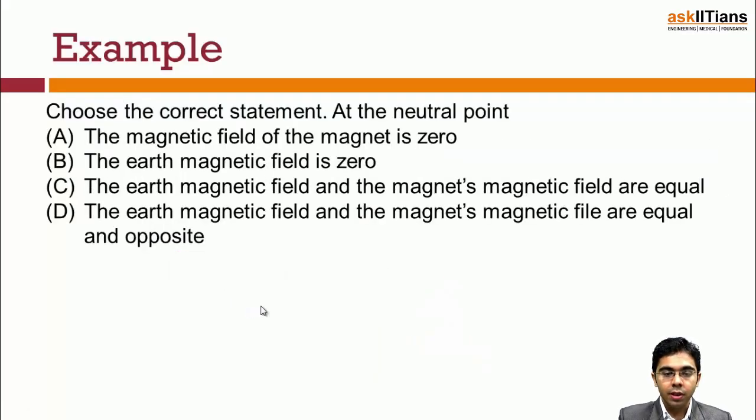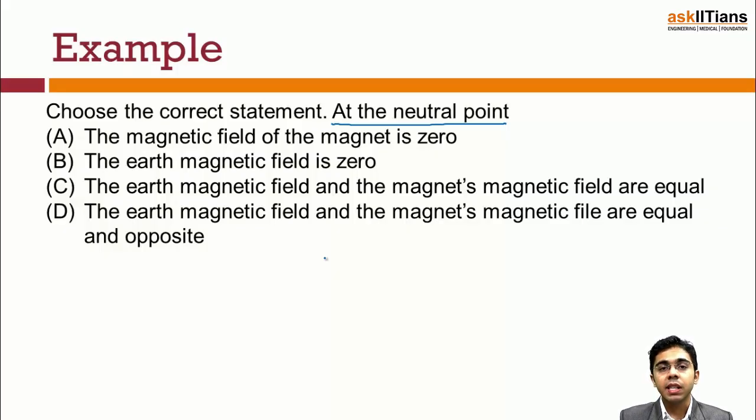Now let's proceed towards the example. There is a question: choose the correct statement at the neutral point. The concept of the neutral point we are going to study in the question only. So what is a neutral point? We can say a neutral point is that point where the magnetic field because of the magnet cancels the magnetic field because of the earth.